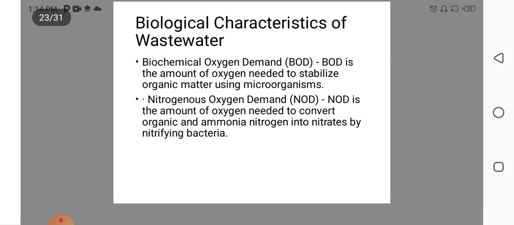Biological characteristics. BOD, biochemical oxygen demand, is the amount of oxygen needed to stabilize the organic matter using microorganisms. Nitrogenous oxygen demand is the amount of oxygen needed to convert the organic and ammonia nitrogen into nitrate by nitrifying bacteria.